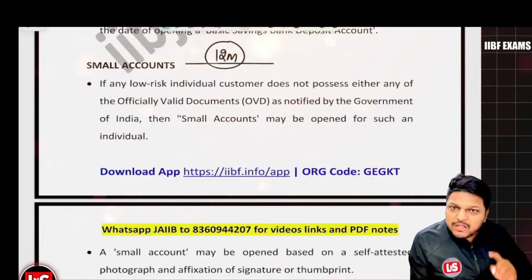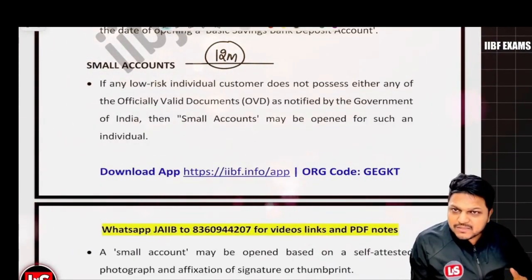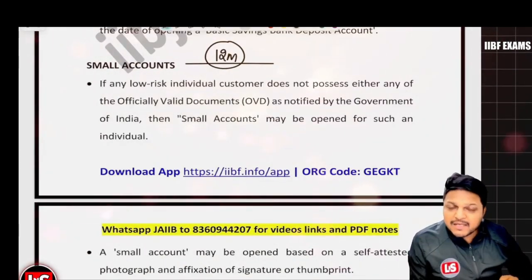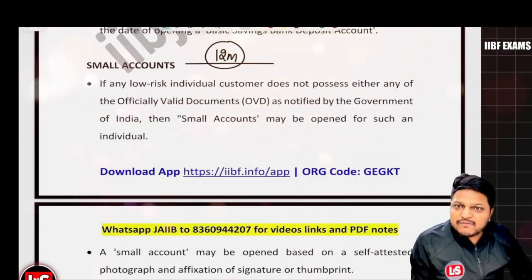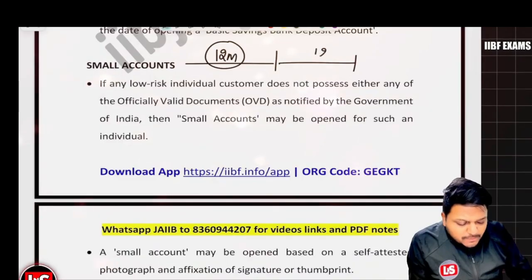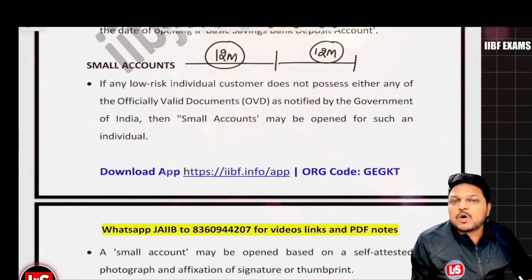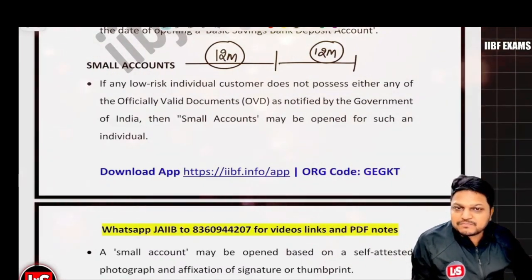But within 12 months, the customer is to submit the KYC documents, the OVD, the officially valid documents. And in case the customer is able to deposit the receipt that he has applied for the KYC documents, the bank will further give him 12 months to procure the documents. So we can say the small account will be operable for the time period of 24 months.